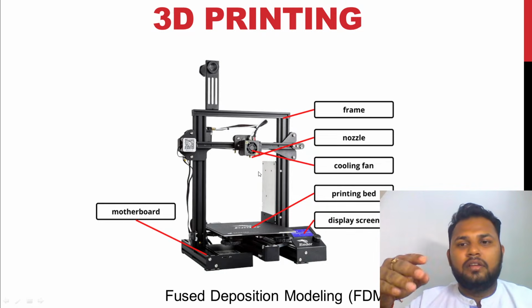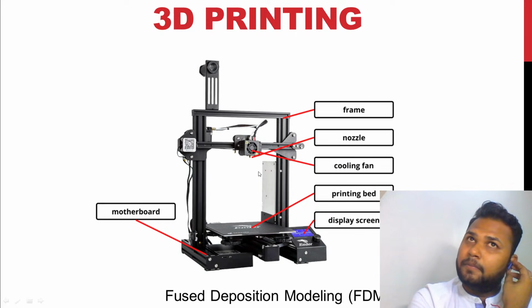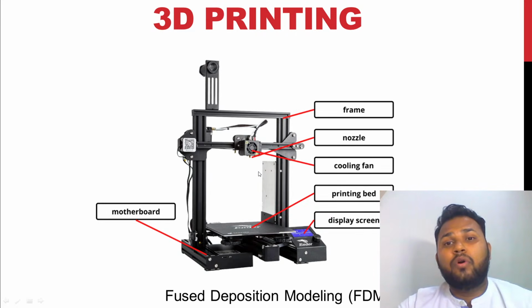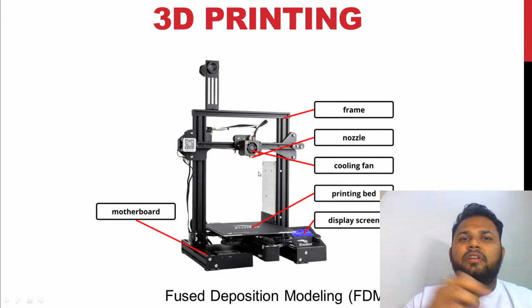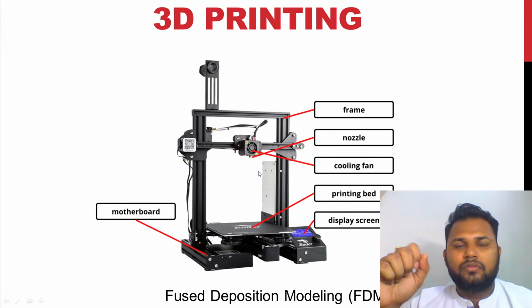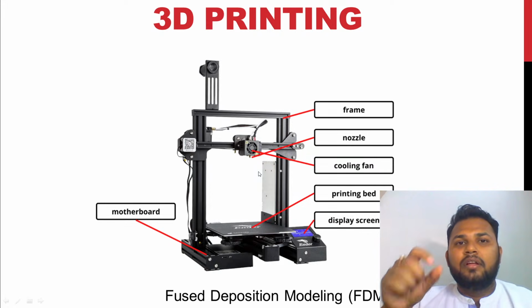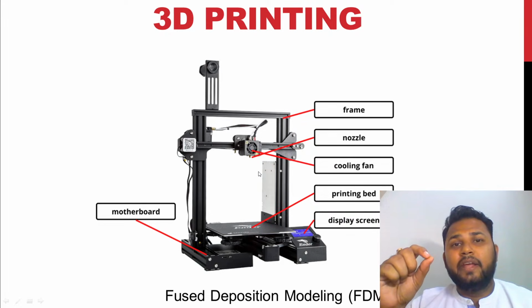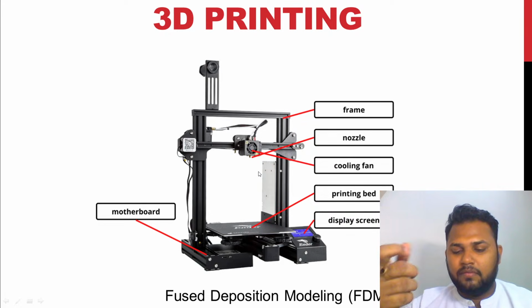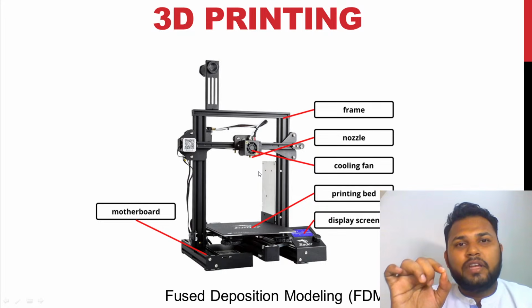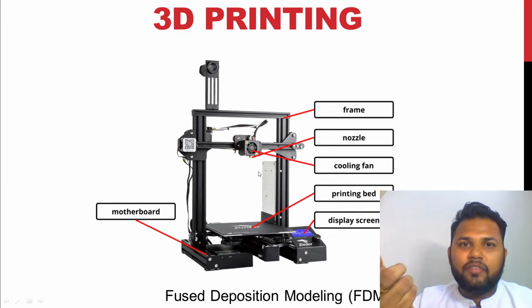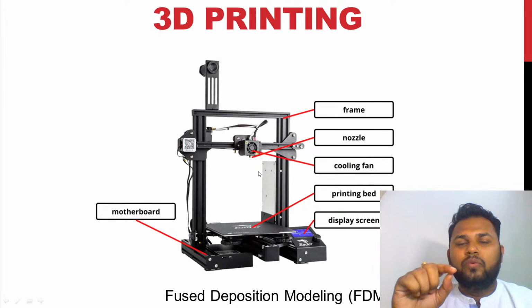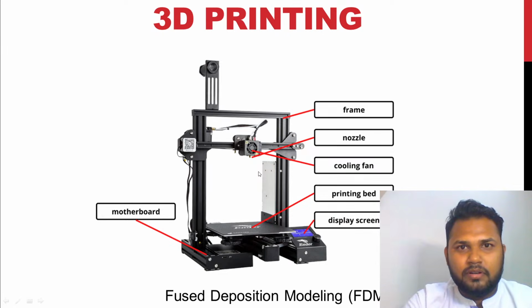Later, as you leave the material for a long time in open air, it absorbs moisture, and you might have seen the filaments break very easily. So the range of 170 or 175 degrees to 210 degrees centigrade is the suitable temperature for PLA material.